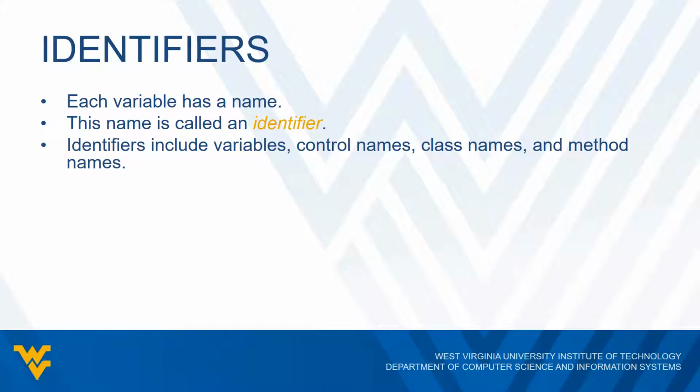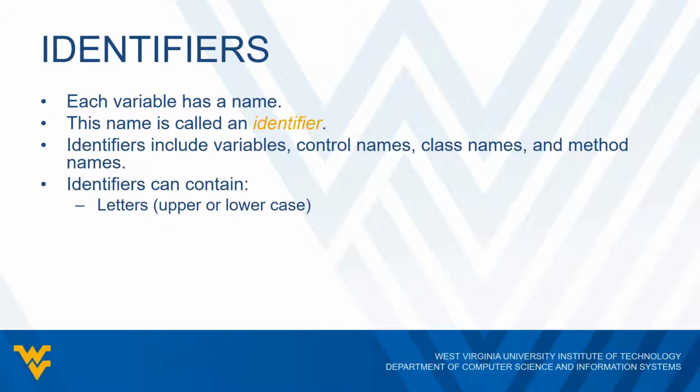So here for variables, the identifier allows us to identify a specific variable. If we're dealing with classes, we can use identifiers to uniquely identify a particular class. Now, there are some rules as far as what an identifier can have and cannot have. Identifiers are allowed to have letters, whether they're uppercase or lowercase, doesn't matter.